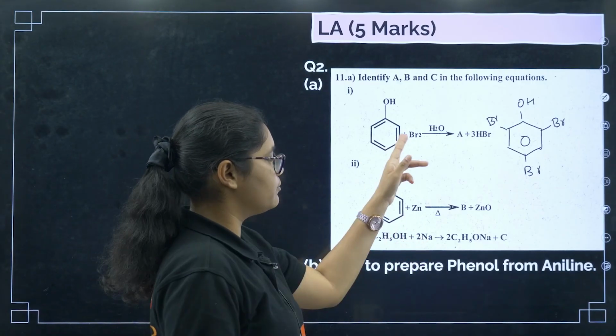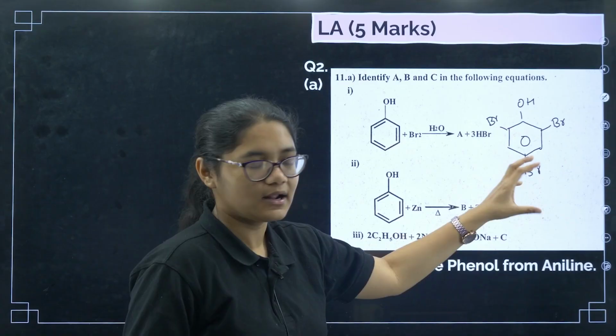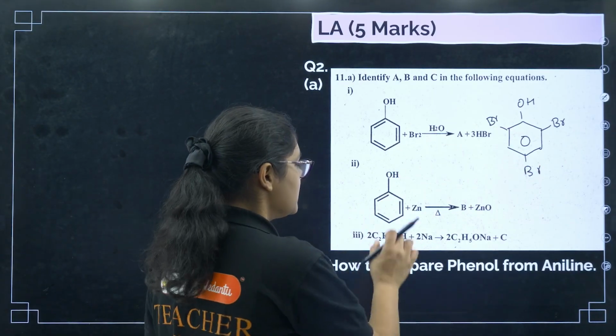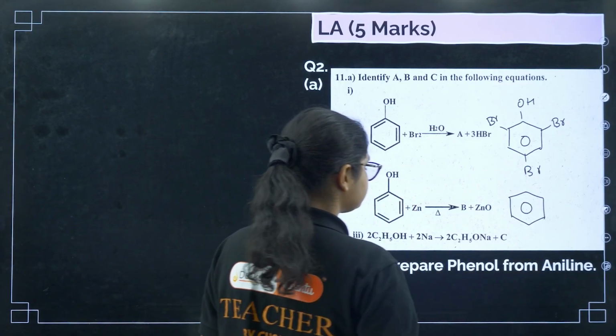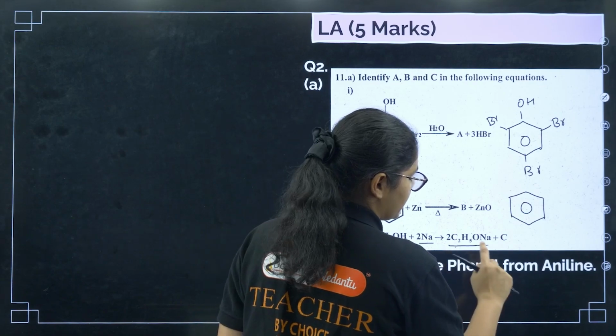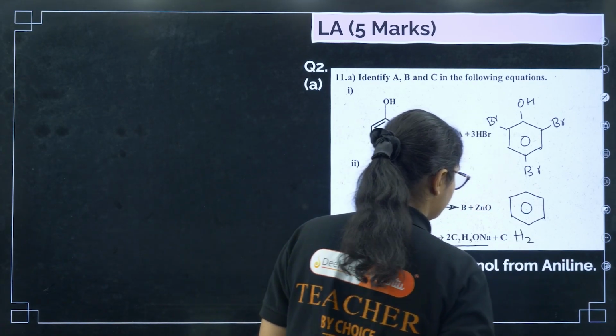If you have bromine in CS2, then you will get only the monobromo product, but bromine water will give you the tribromo derivative. So please remember this one. Zinc and phenol will give you benzene. Then C2H5OH plus Na gives C2H5ONa plus a gas will be released, that is hydrogen gas.